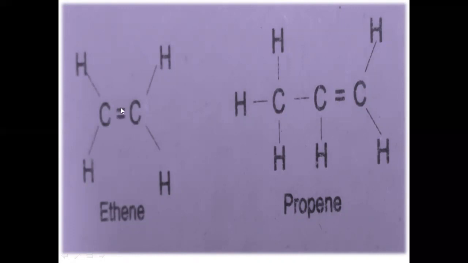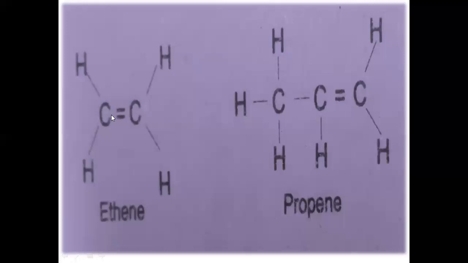Two bonds this carbon makes with this carbon atom, and the remaining 2 single bonds, this carbon will make with 2 hydrogen atoms. So a double covalent bond is present between the 2 carbon atoms, and each carbon will make 2 single covalent bonds with 2 hydrogen atoms.